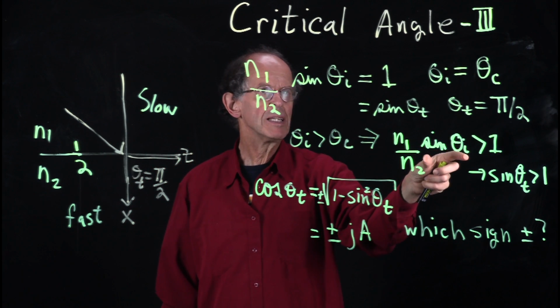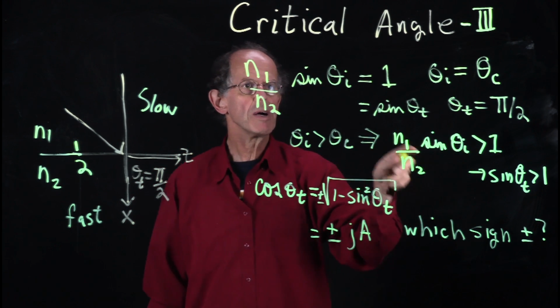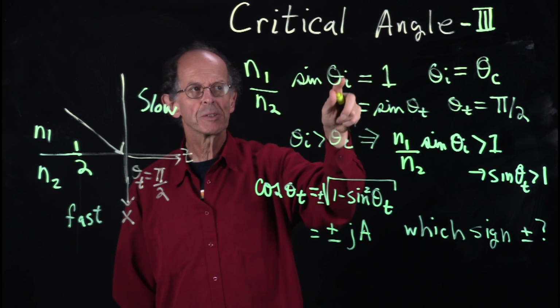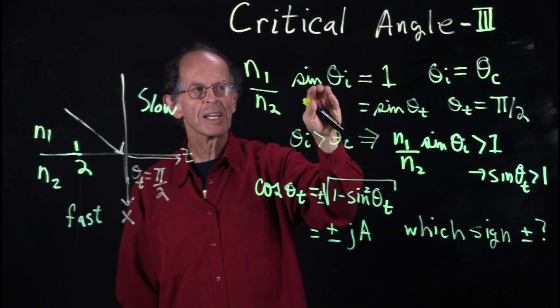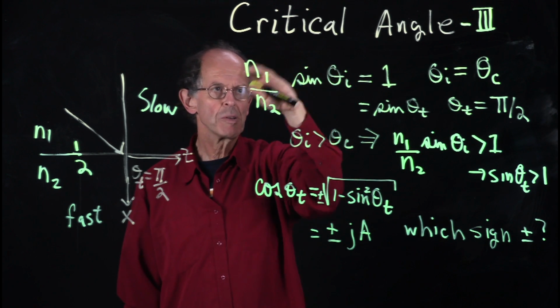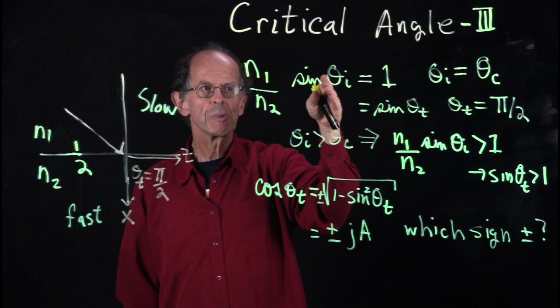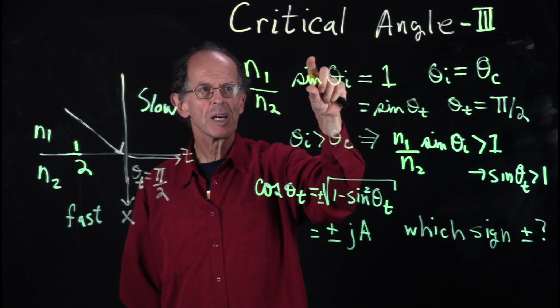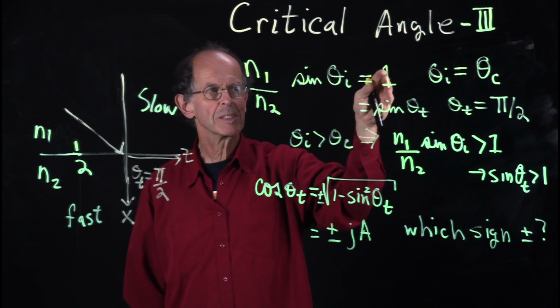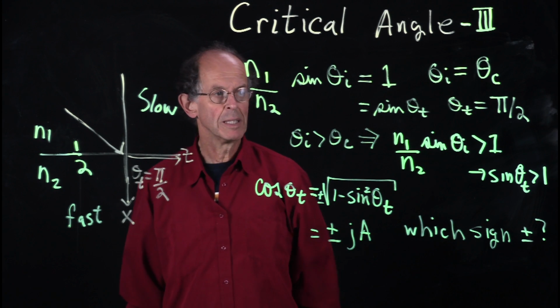This quantity here gets bigger than 1, because if I take an angle bigger than the critical, sine is getting bigger. And since at critical it's equal, this whole thing is equal to 1, when we go beyond critical, sine theta I gets bigger than sine theta critical, so we're bigger than 1.